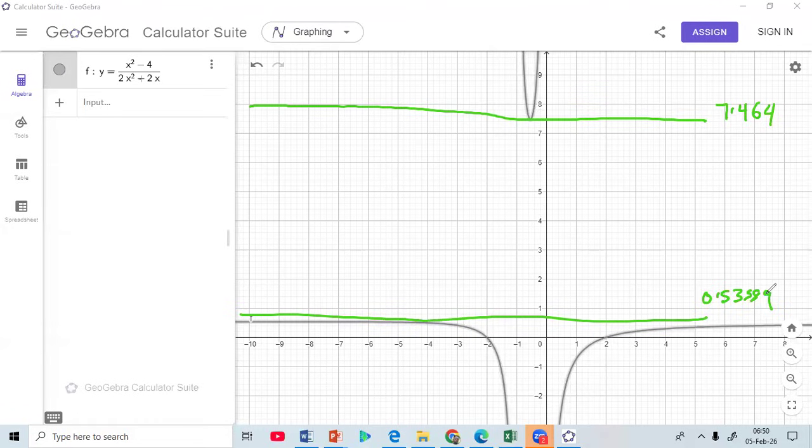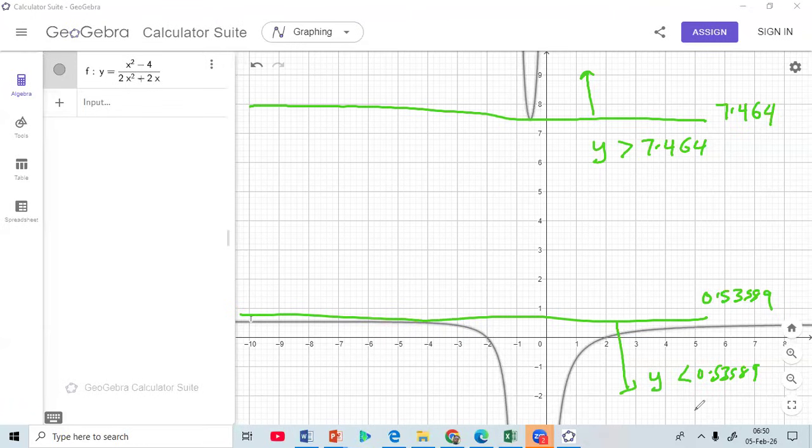Now, your range here, we are going to have two values. One value is going to be above, so that one will be y greater than 7.464. Then you are going to have a value down here, and this value down is going to be y less than 0.53589. Kindly take note.